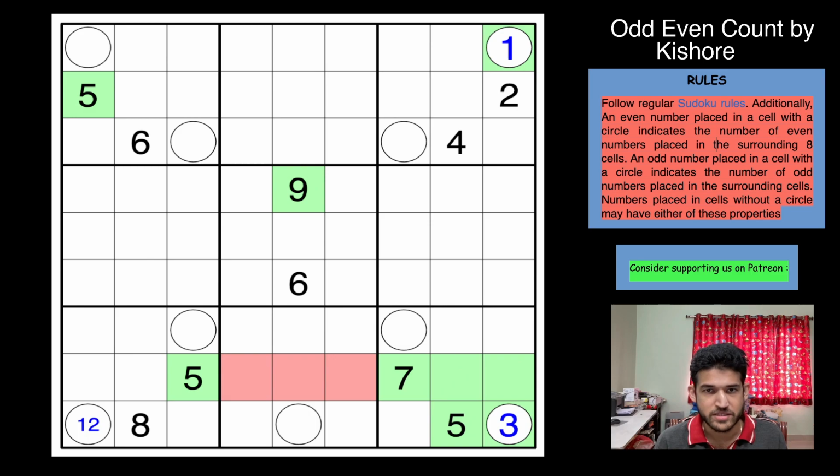Now let's look at this cell, right? This cannot be 3 or 5, so it is 1, 2 or 4, and 4 is not possible, which means you must have 4 even numbers in the surrounding 5 cells apart from 4. That is not possible because you only have 4 even numbers in a box.